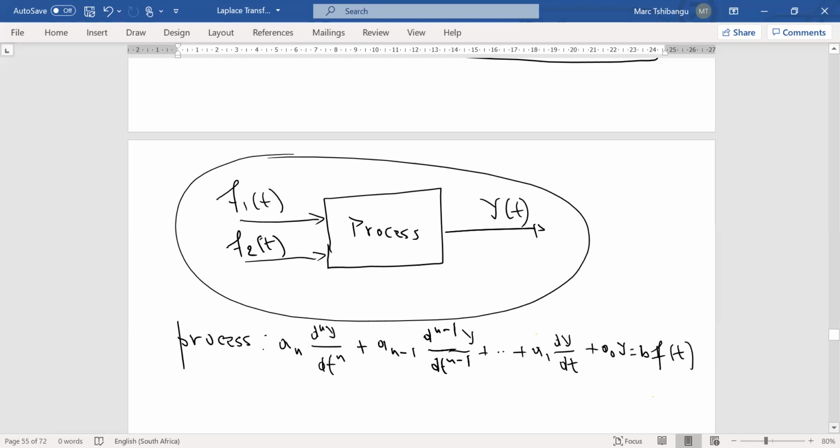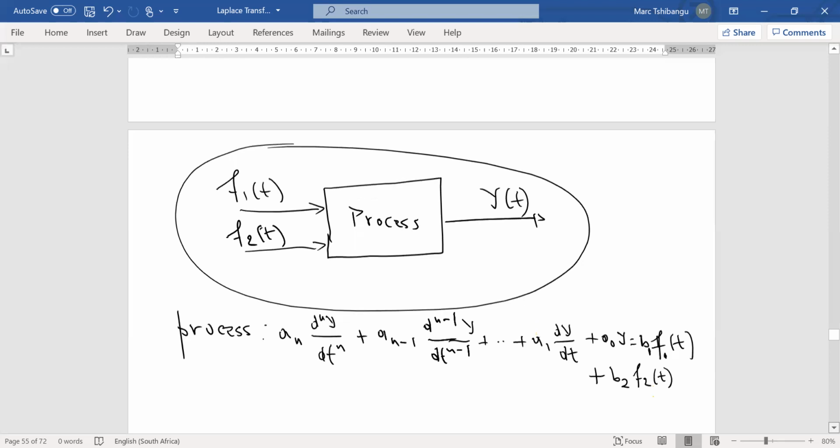But in this case, we do not have a single input, but two input variables. So we're going to have b1 times f1 of t plus b2 times f2 of t.